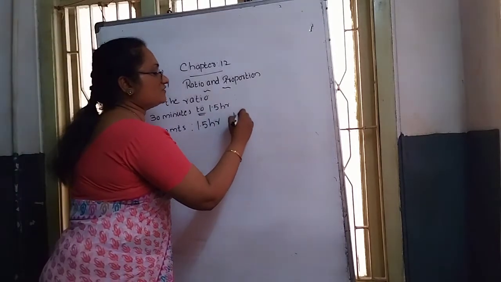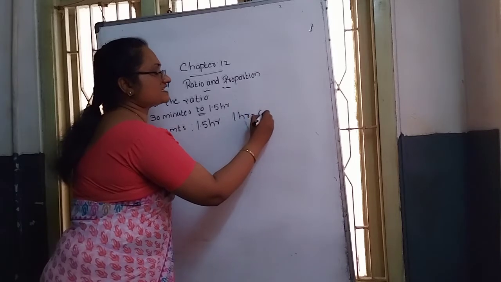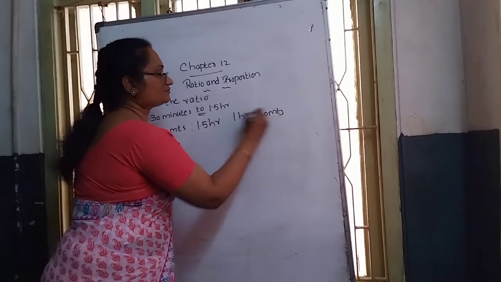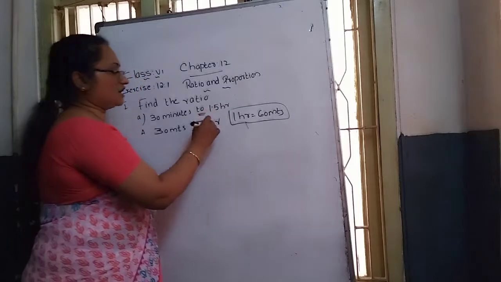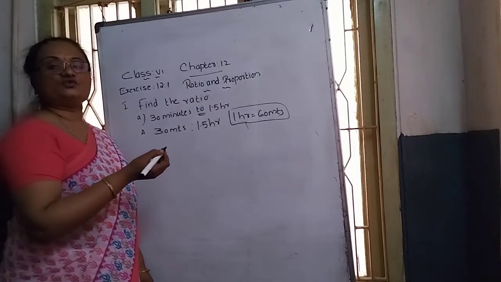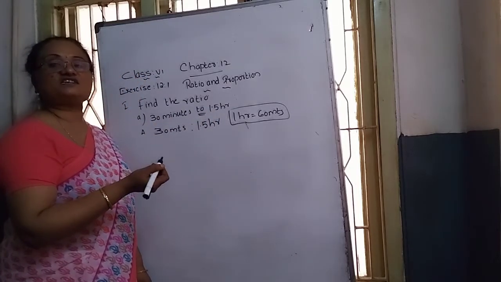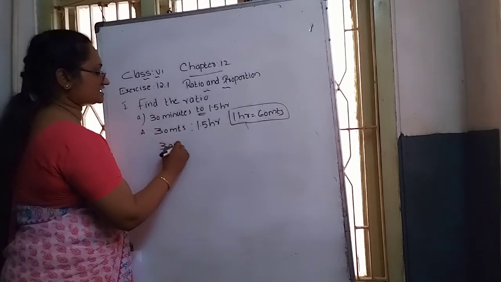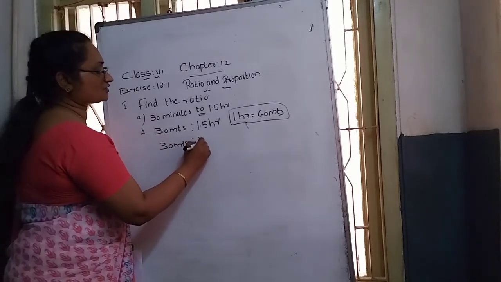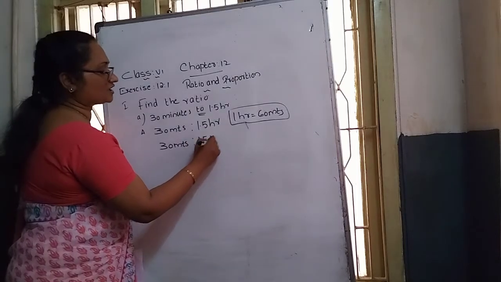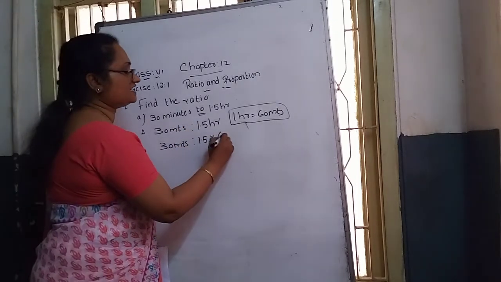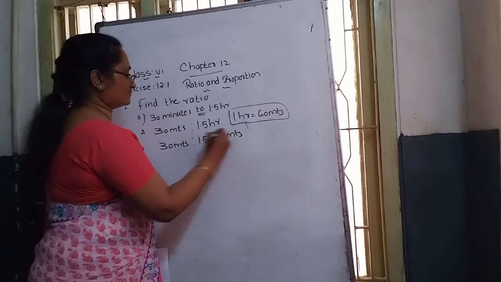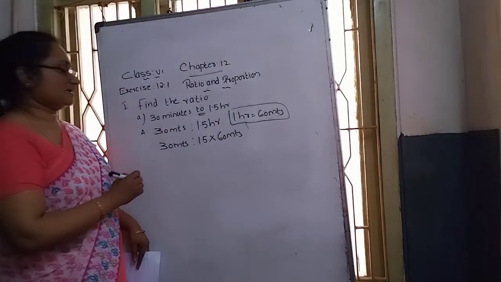We know that 1 hour contains 60 minutes. That is why, to convert to minutes, we multiply by 60. The first part has no change, 30 minutes, and 1.5 hours is multiplied by 60 minutes. Now both have the same unit.